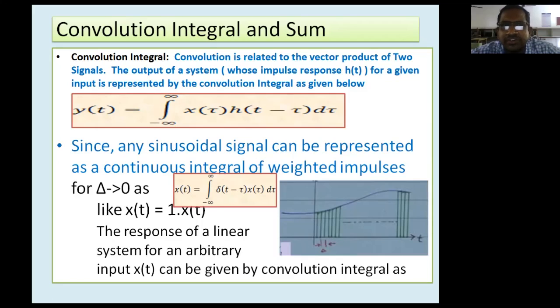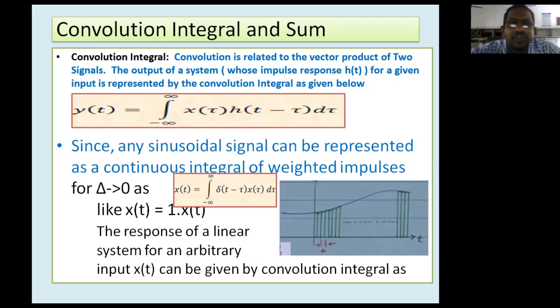The output of a system for a given input is represented by the convolution integral. So one very important operation that a system will do on a signal is the convolution operation. That means the response of the linear time invariant system to the input signal x of t is known as a convolution.